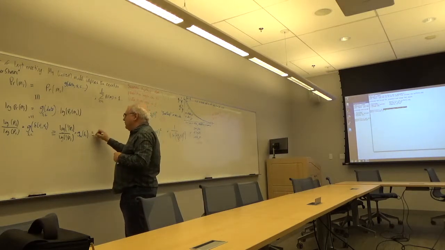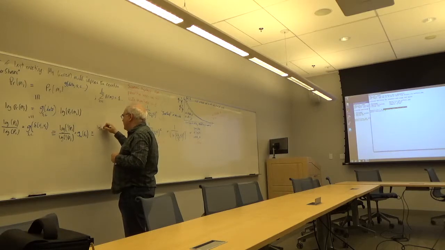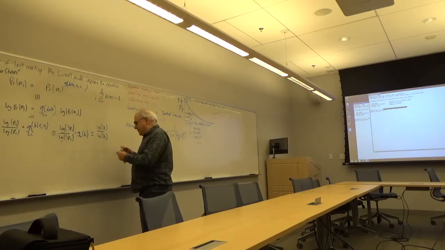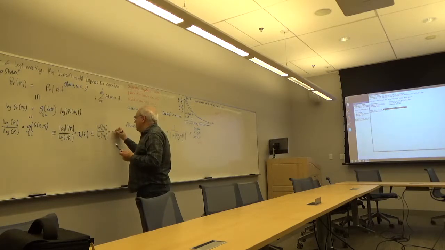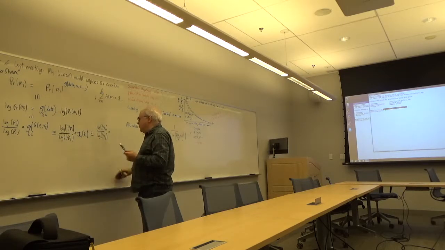So this is the same thing as saying that log of 1 over P1 over log of 1 over Pi is now equal to the g prime function. Now, I'll write 1 over G of delta i here.